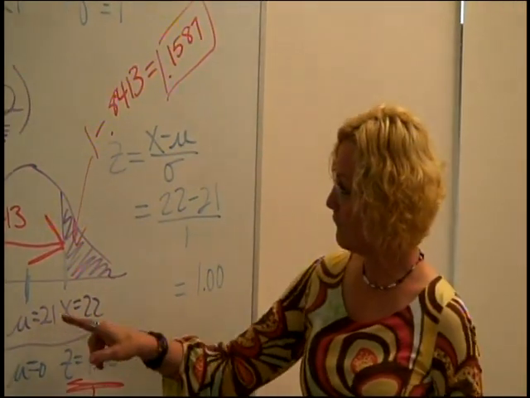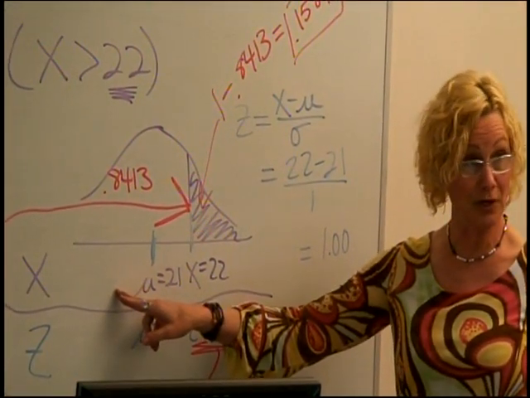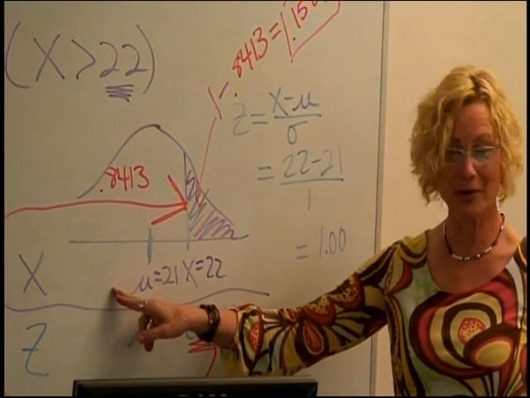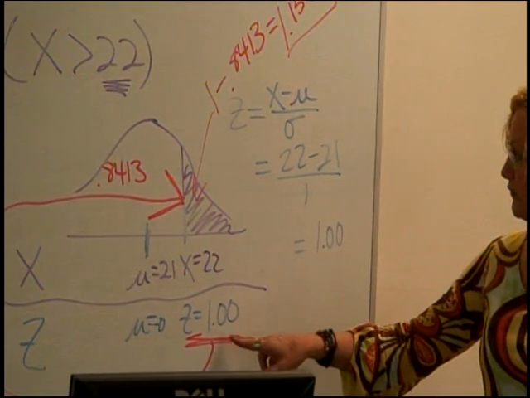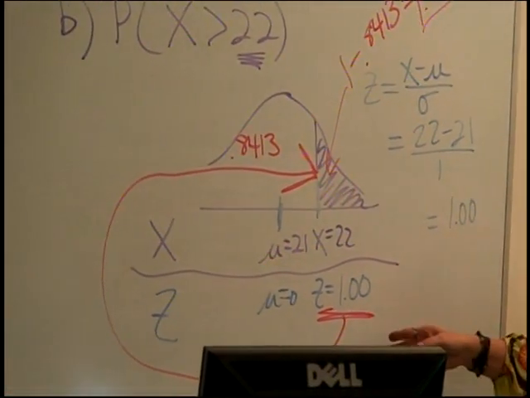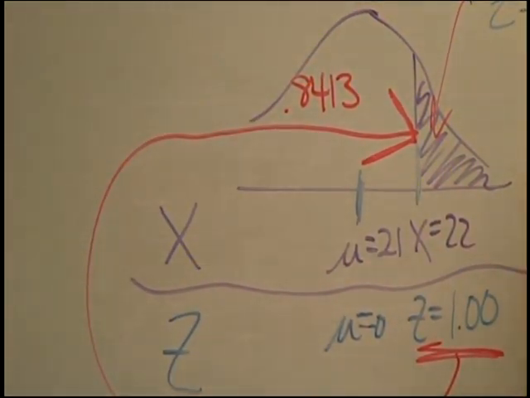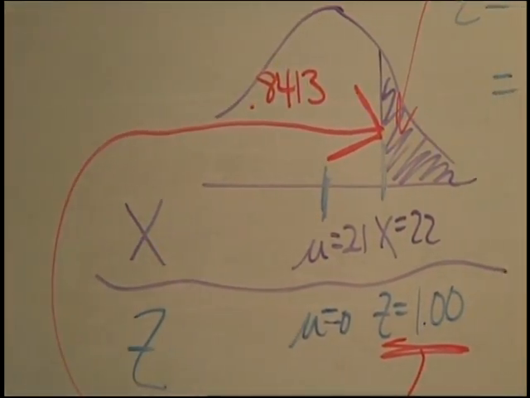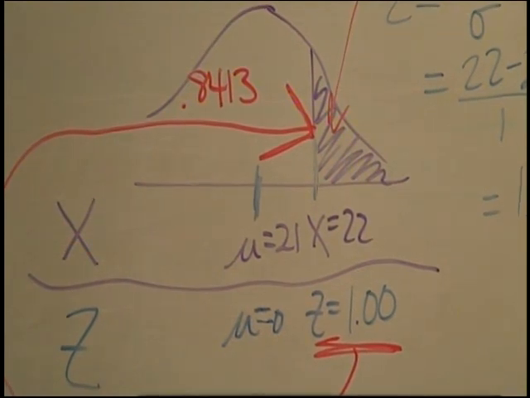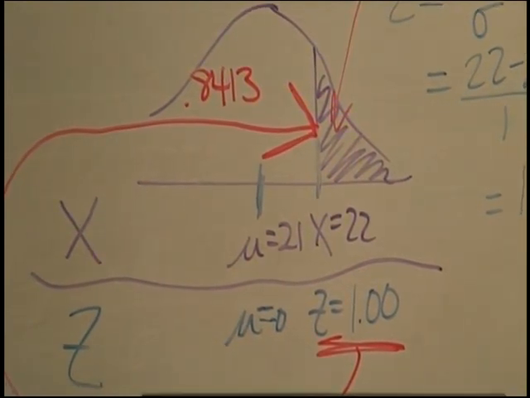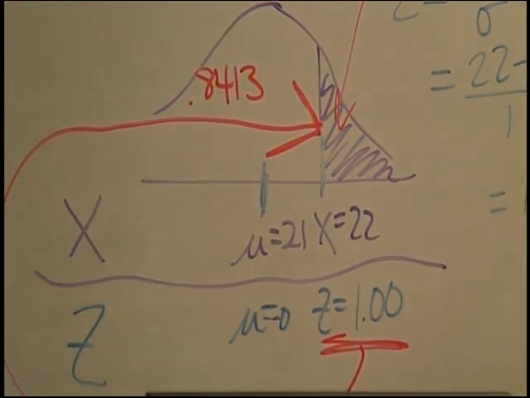The value of 20 in part A is 1 standard deviation below the mean. The value of 22 in part B is 1 standard deviation above the mean. So it should make sense that the probability pieces out on those ends are symmetric. Does it? Okay. 1 standard deviation away on either side.